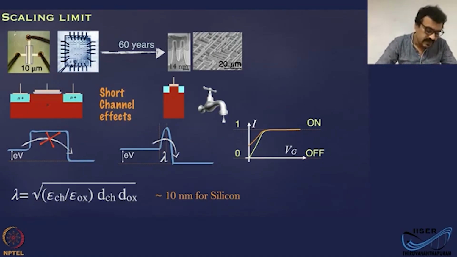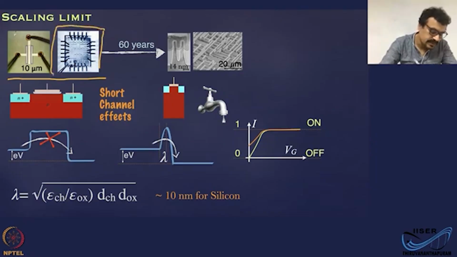What we have here is one of the first MOSFETs and a small integrated circuit which comprises 16 MOSFETs, made something like 60 years back, in the late 60s.